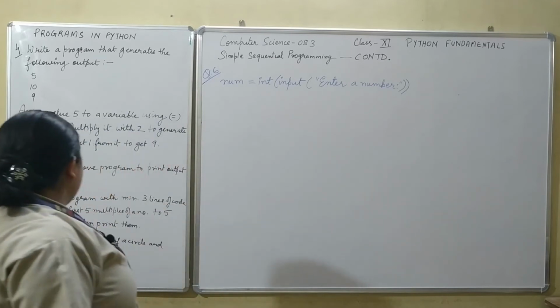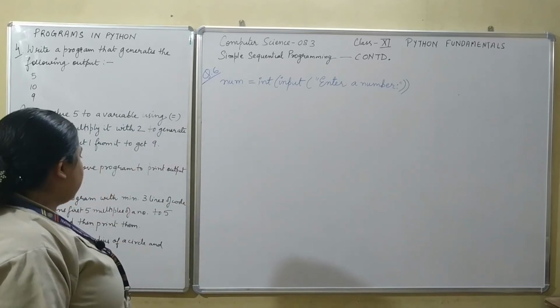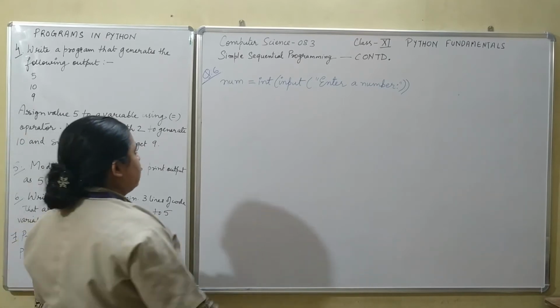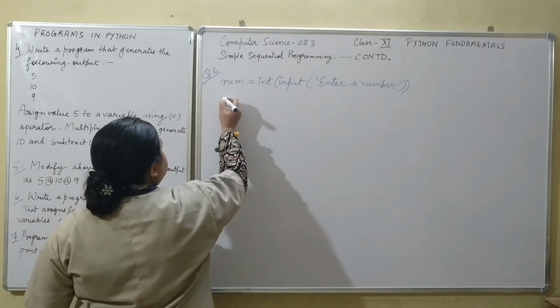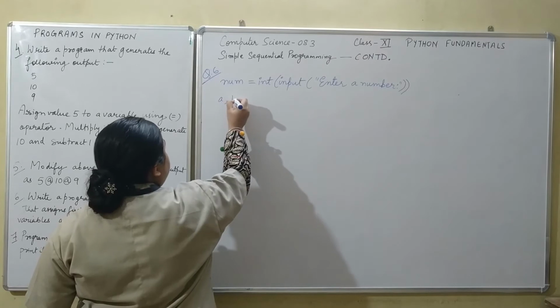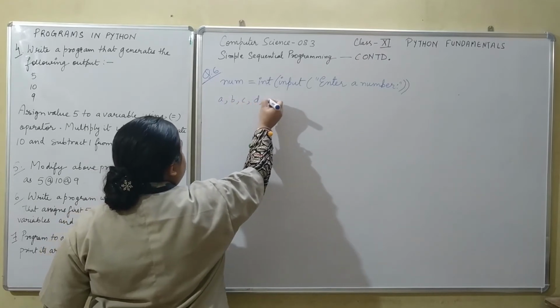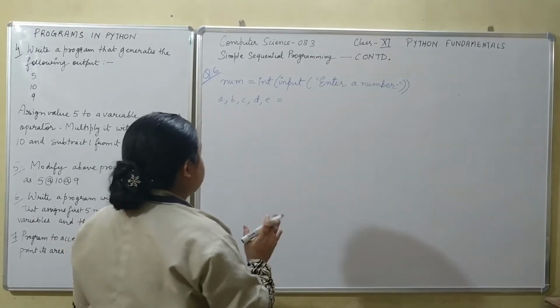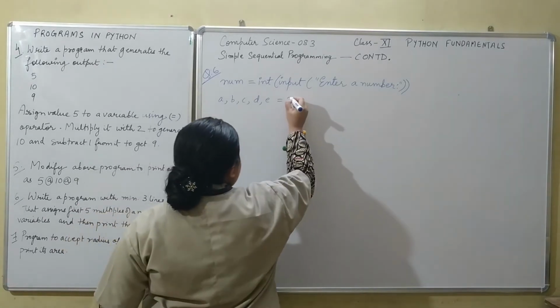Okay. Now we have to assign 5 multiples of that number to 5 variables. How to do it? We'll write A, B, C, D, E. That is using multiple assignment of multiple variables.